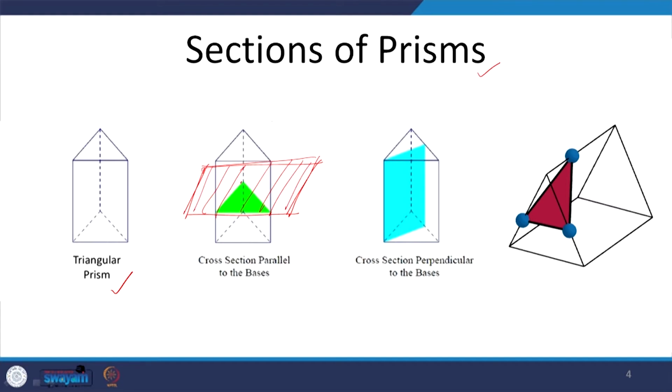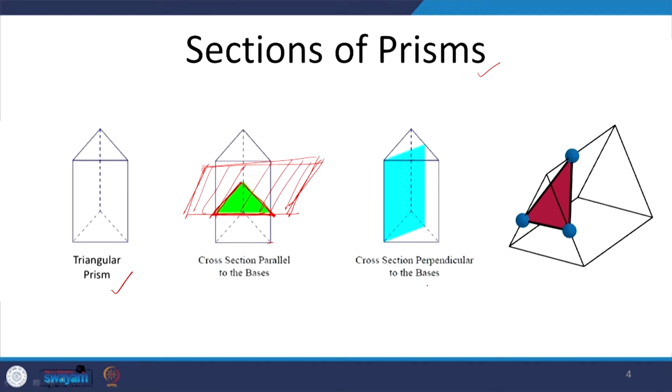In that case, the cross section will exactly be the same as the base. So, when the section is being cut through a plane which is parallel to the bases, we will get the same shape of the section as that of the base.